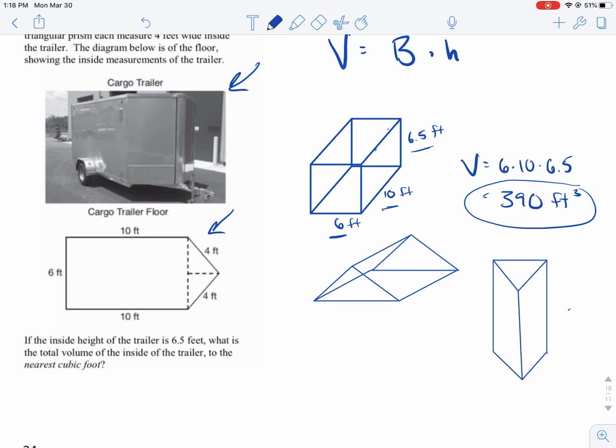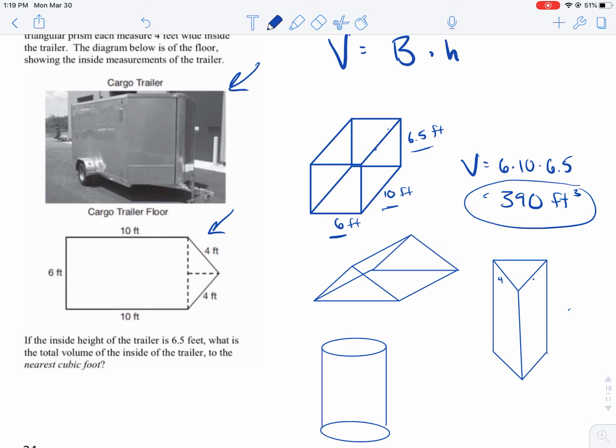Okay, so that's how we want to kind of picture this thing. So now it almost kind of looks like a cylinder, or at least how we would set up a cylinder. It doesn't look like a cylinder, but certainly how we would solve our cylinder problems. Kind of put this up on its edge like this. Something like that.